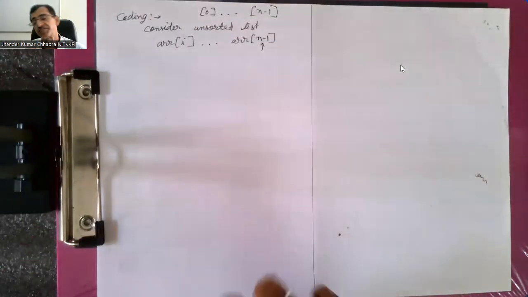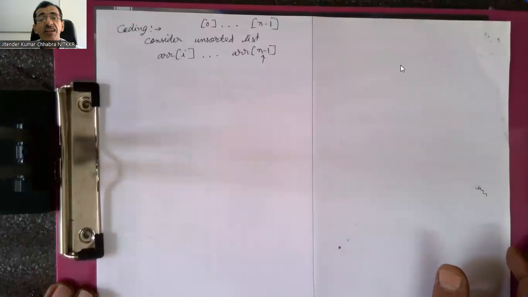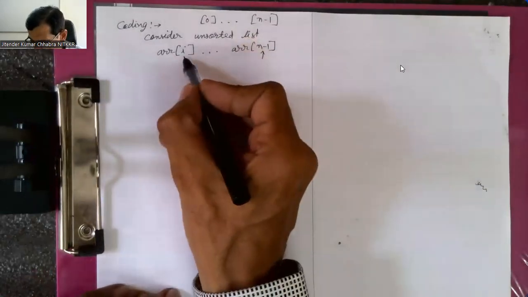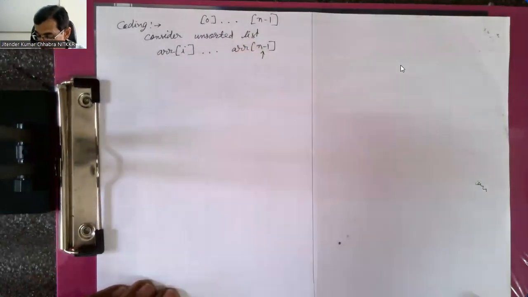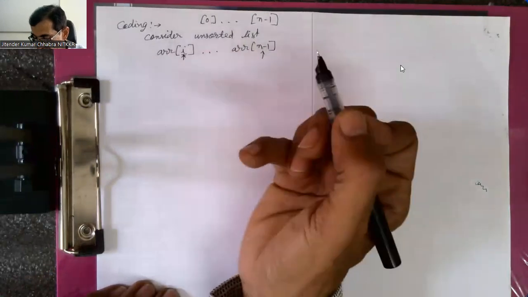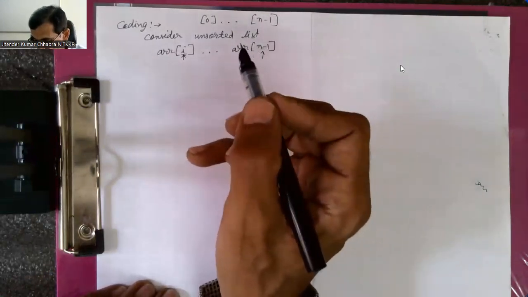My right side list will always be unsorted. So the unsorted list size will keep on changing from the left side. So let it start from i onwards and go up to n-1.